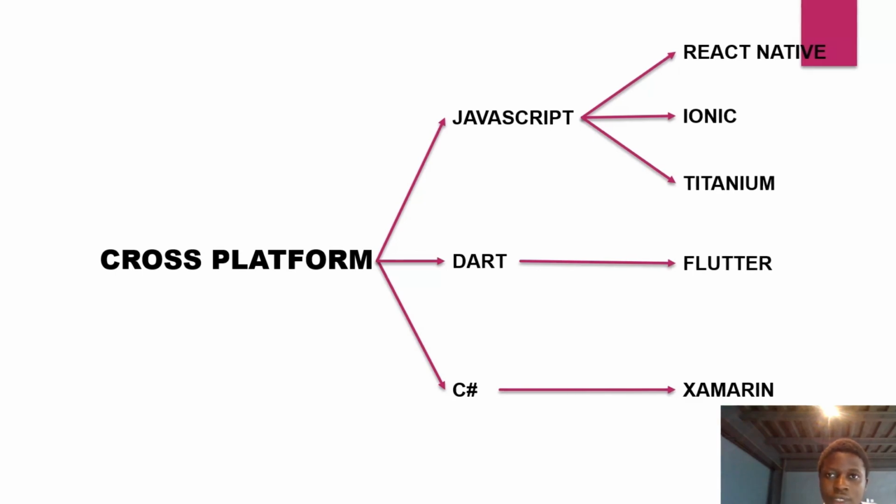But basically, JavaScript is used for developing websites. But there is a way in which they have split out, or extracted, a part of it that can be used for developing mobile apps.